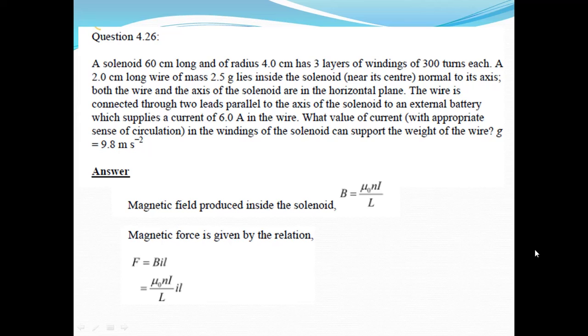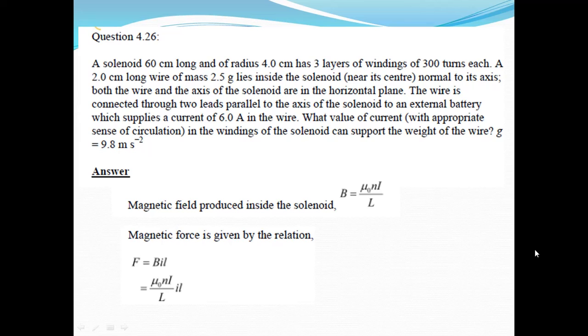Now the wire is connected through 2 leads parallel to the axis of the solenoid to an external battery which supplies a current of 6 ampere in the wire. So what value of current in the windings can support the weight of the wire? The wire should not fall down, it should be supported by the magnetic force. So what current should we supply so that we can produce a magnetic force which will support the weight of the wire?